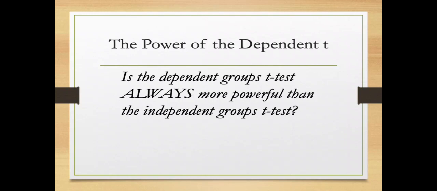The degrees of freedom for the dependent groups t-test is always going to be smaller than the degrees of freedom for the independent groups t-test. Thus, the critical value for the dependent groups t-test is larger than the critical value for the independent groups t-test, owing to the fact that critical values increase as degrees of freedom decrease.